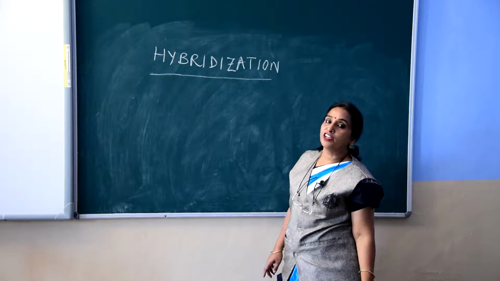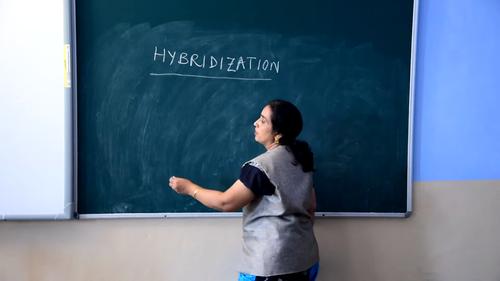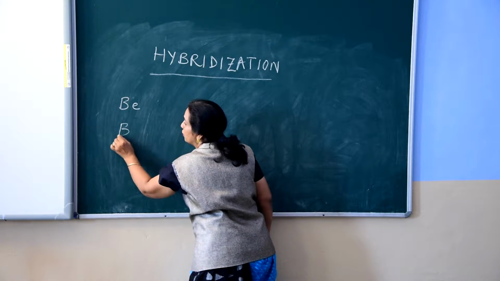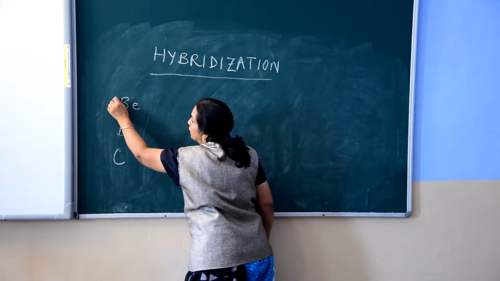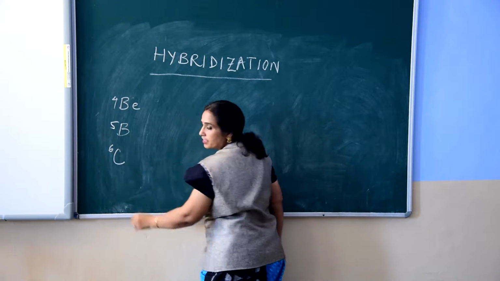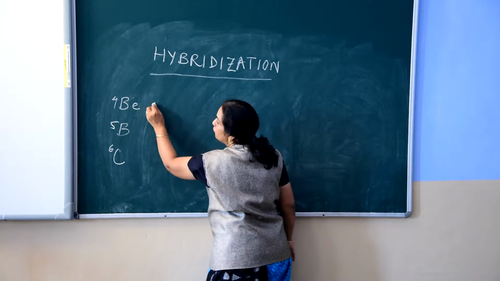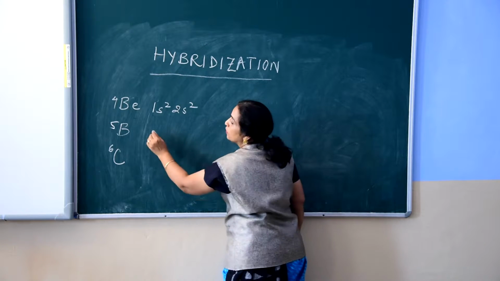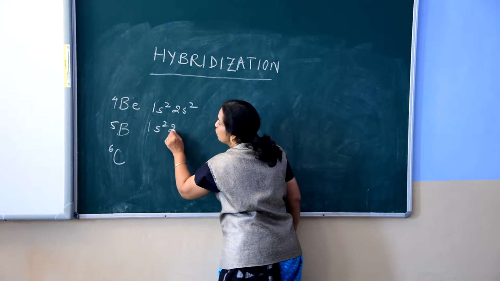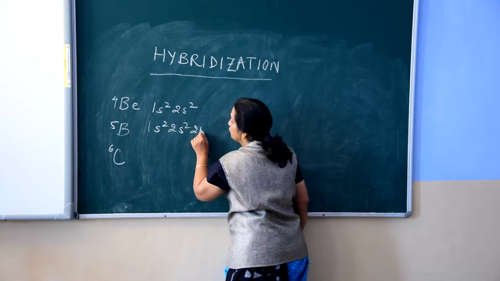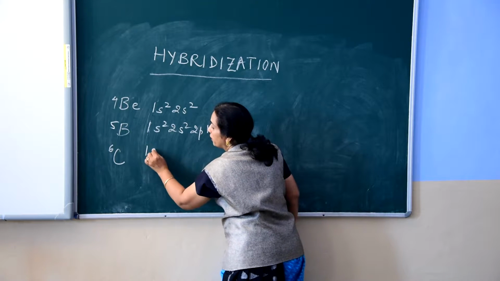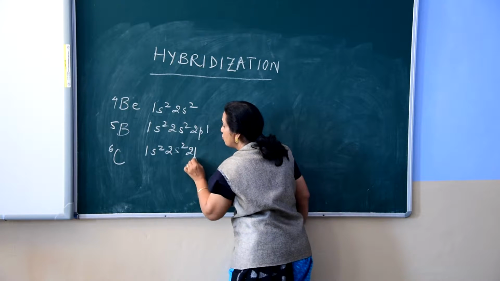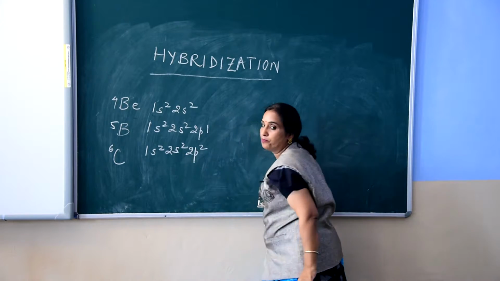When we consider the valence bond theory with our previous knowledge, considering the elements beryllium, boron, carbon having atomic numbers 4, 5 and 6, seeing the respective configurations 1s2, 2s2 for beryllium, 1s2, 2s2, 2p1 for boron, 1s2, 2s2 and 2p2 for carbon.